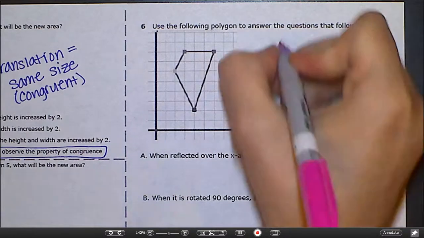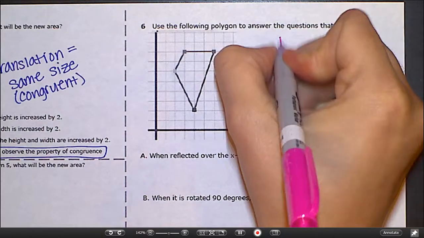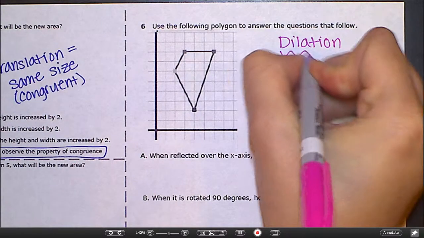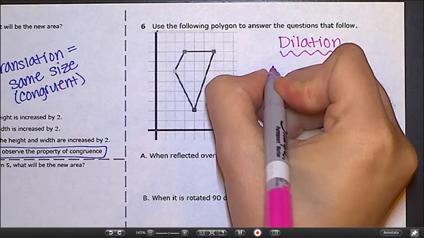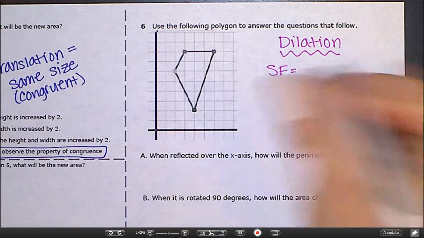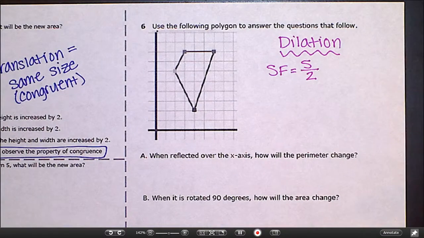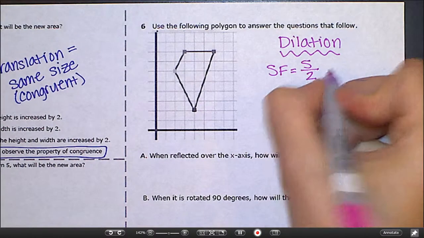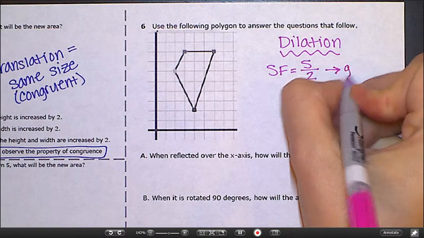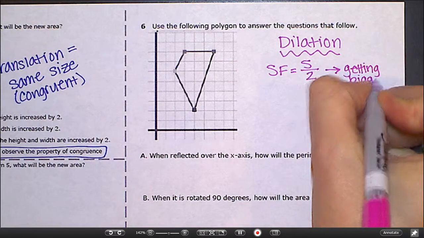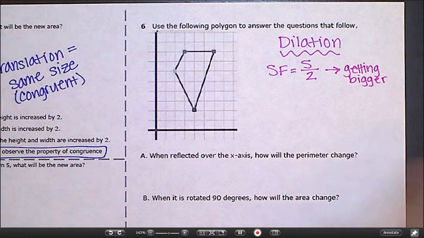If we have a scale factor, so if we're dilating a figure, and we have a dilation, if the scale factor is, let's say, 5/2, then that means it's getting bigger, because 5/2 is more than 1.